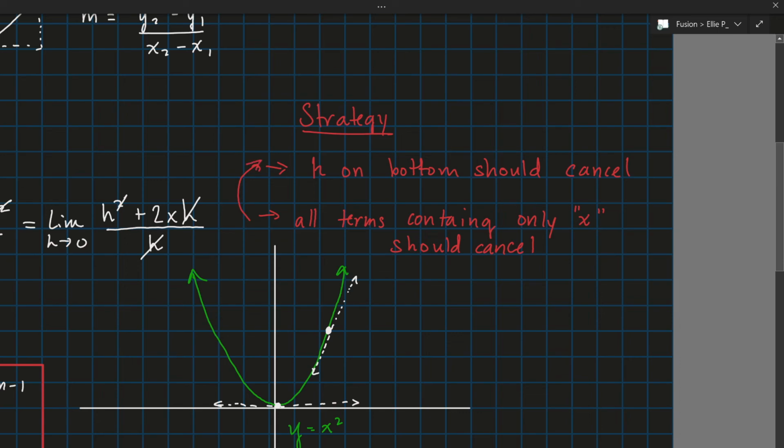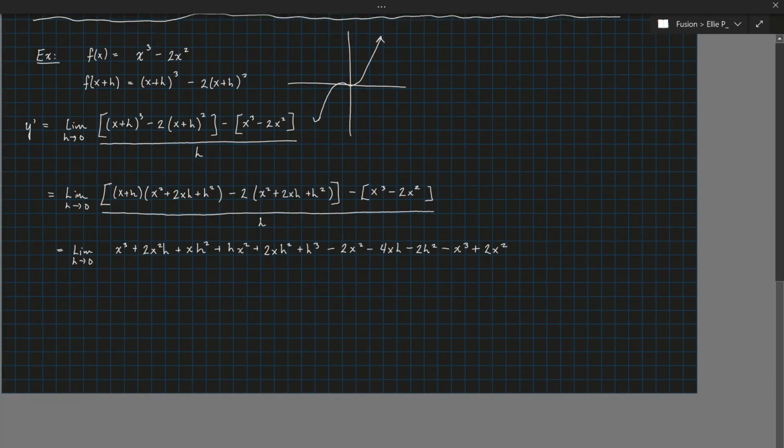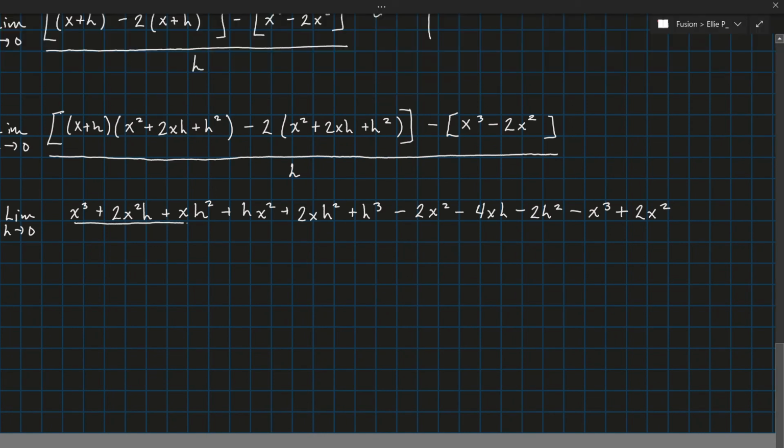Because if we have terms on there that don't have an h on the top, then we can't cancel that h on the bottom. Yeah. Luckily, a lot of this will cancel.